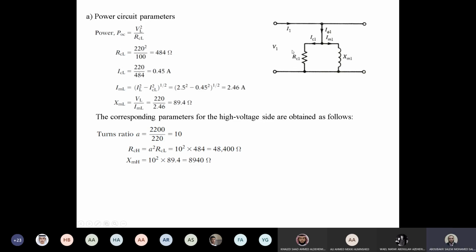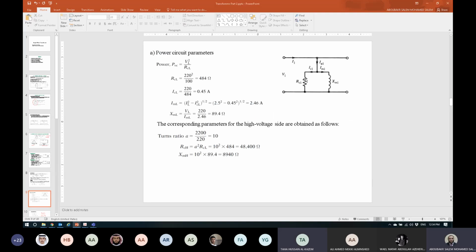Can we say here, شباب, I1 square R core equals power? Yes. لا, yes, ازاي? Again, the question. Can we say I1 square multiplied by RC1 equals the absorbed power? Oh, no, they are parallel.